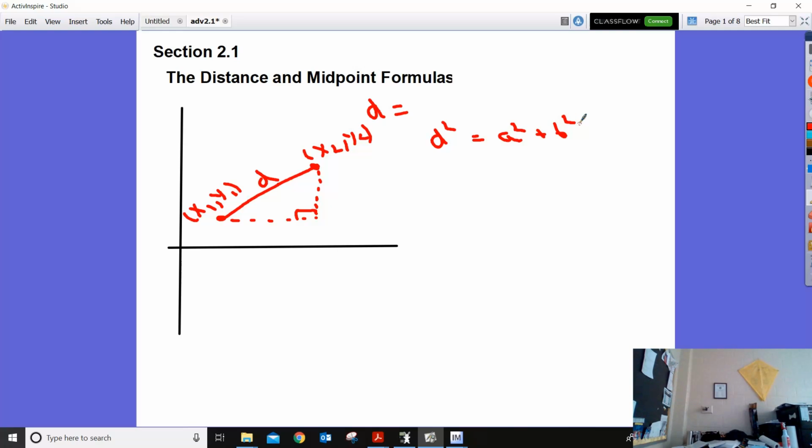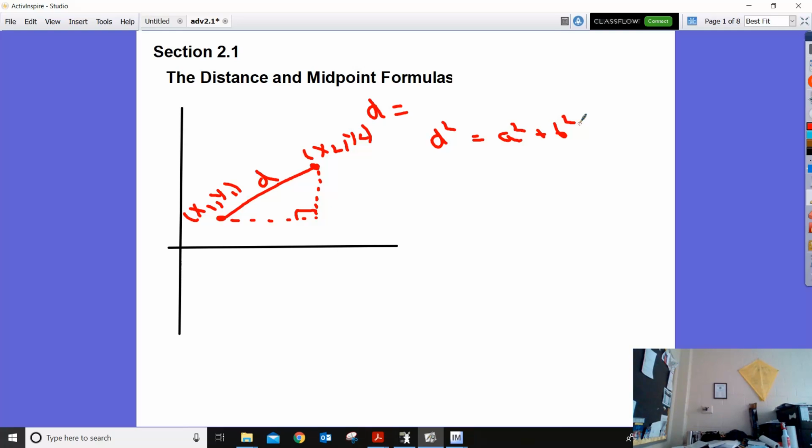Or how you can find them, because you don't really have real points up there, but you have labels, and you know certain things. Like, if this was a 5 right here and a 2 right here, how long would this be?